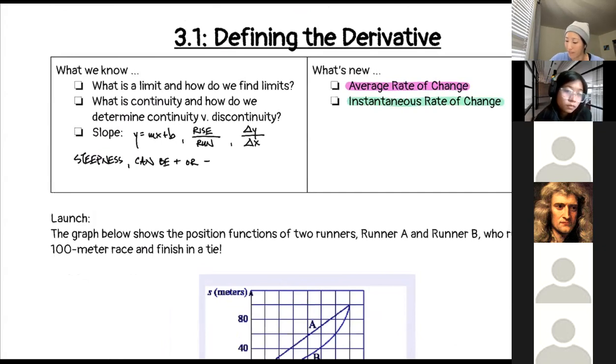I have a perhaps unhealthy love for shortening phrases so I don't have to write the whole word. I might refer to average rate of change as AROC, just so I don't have to write it out the whole way. I might refer to instantaneous rate of change as IROC, instantaneous rate of change. Okay.